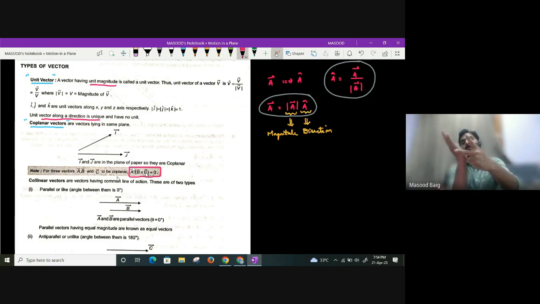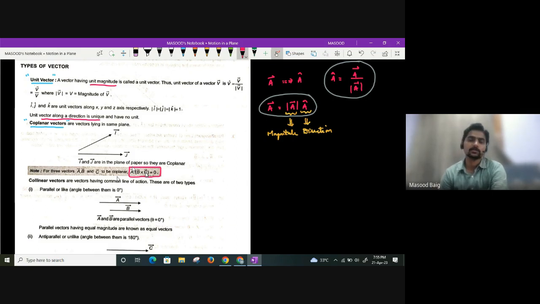If I do b bar cross c bar, I get a vector perpendicular to the wall. a bar is lying in the wall, and b bar cross c bar is perpendicular to the wall. Whenever you take the dot product of two perpendicular vectors, the dot product will be 0. So please do remember, coplanar vectors are those vectors which lie in the same plane.